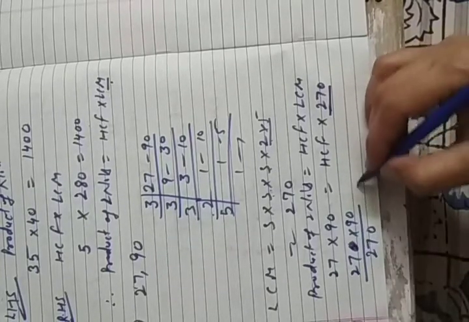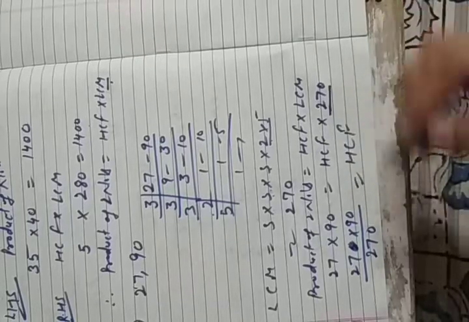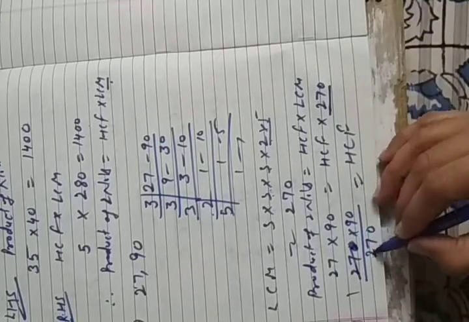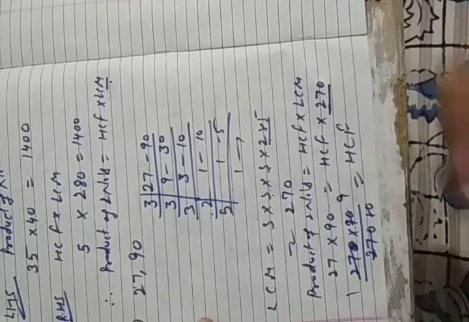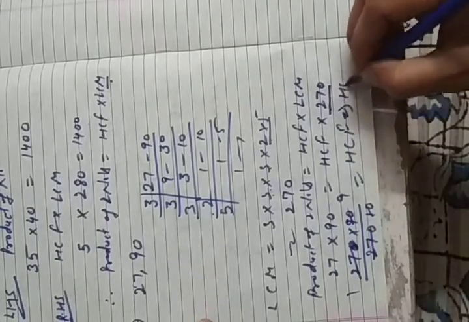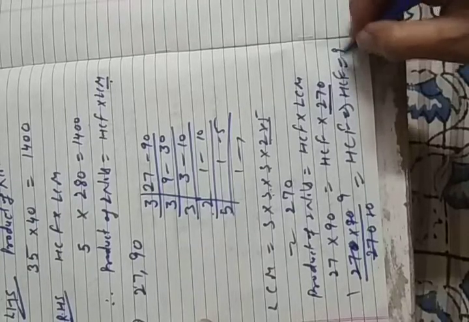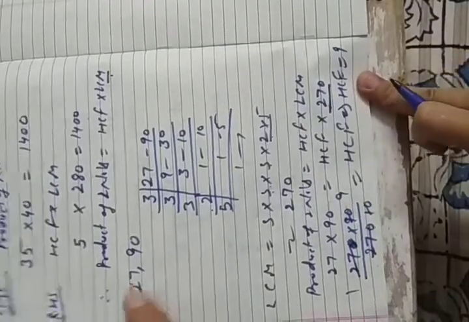Here 270, and HCF remains on the right hand side. Now 27 ones are 27, 27 tens are 270, 9s are 270. It means the value of HCF is 9. We use this property and find the value of this.